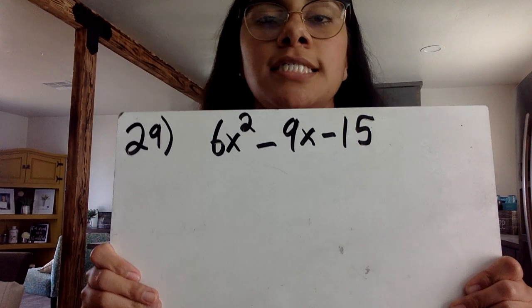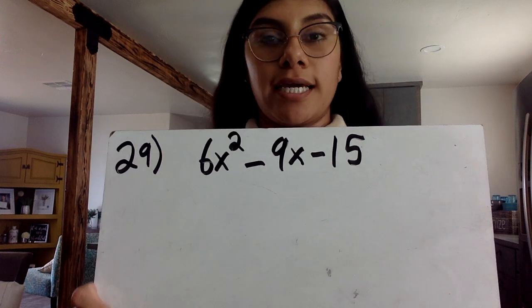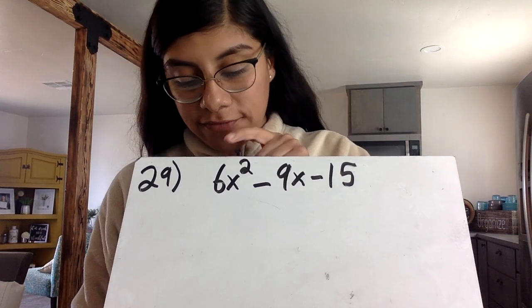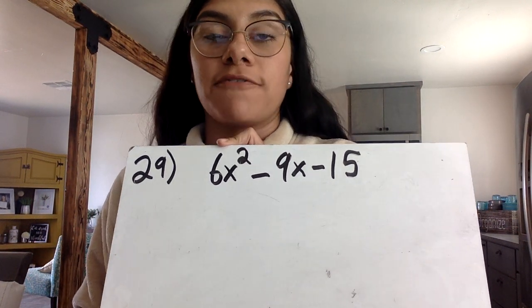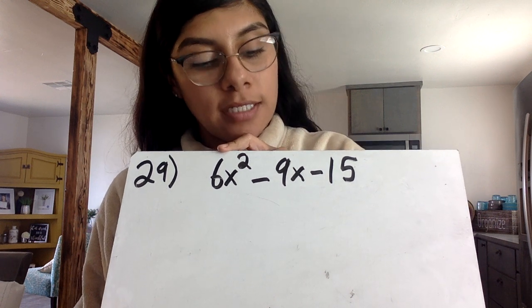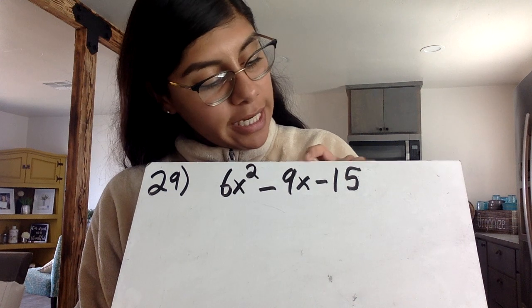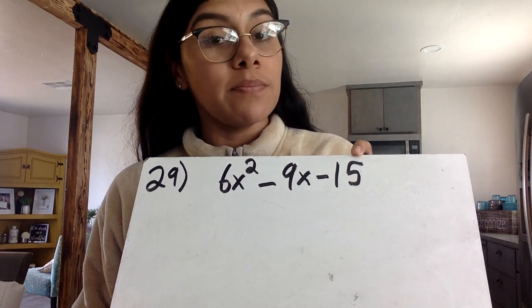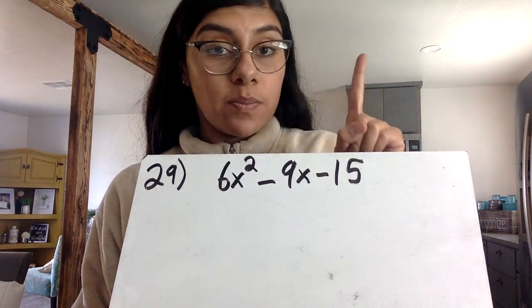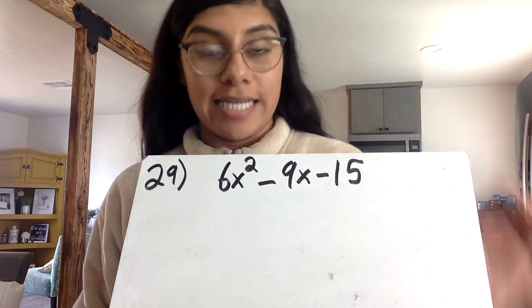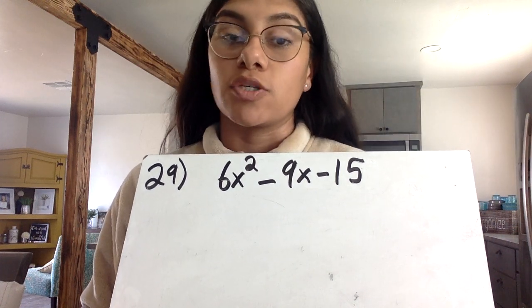Okay, so this is the example for question number 29. Very similar. I have a number right here in the front for my leading coefficient that is not 1, but I'm not going to go straight into multiplying here because if I have a 6, a 9, and a 15, there's one number that I can factor out here. One number that divides 6, 9, and 18. And that number is 3. So I'm going to factor it out.